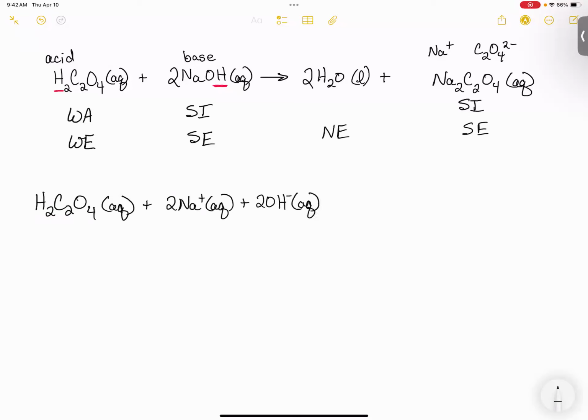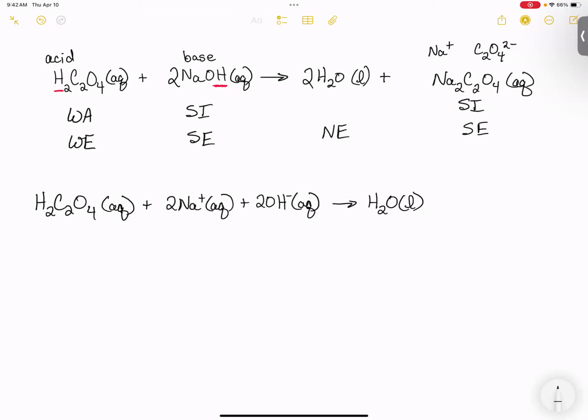The state of matter of the ions is the same as the parent compound. The coefficient of 2 in the balanced chemical equation means you have 2 sodium hydroxides, meaning you have 2 sodiums and 2 hydroxides. This goes to make water, which is a pure liquid.